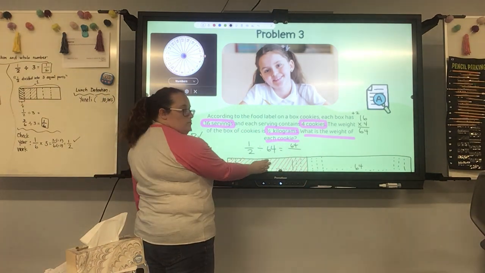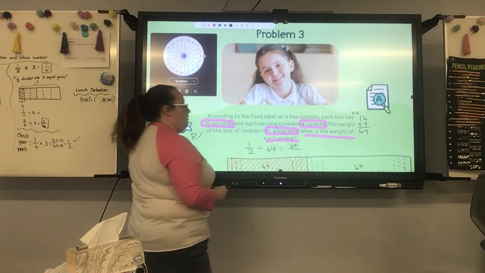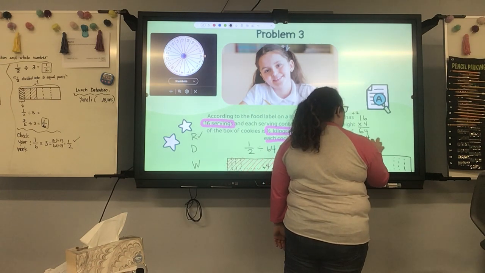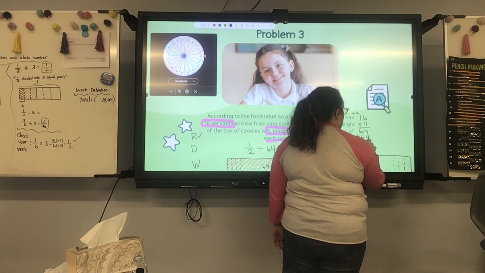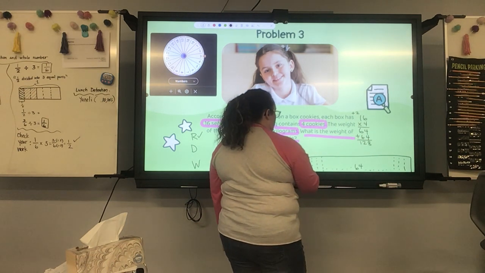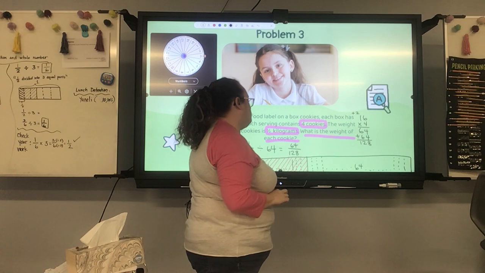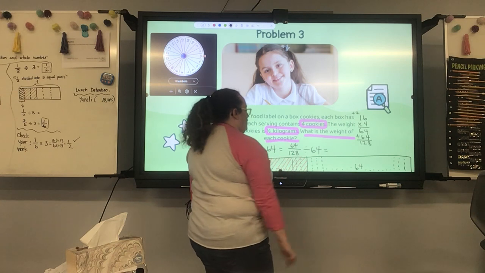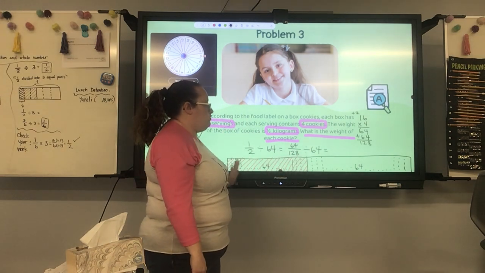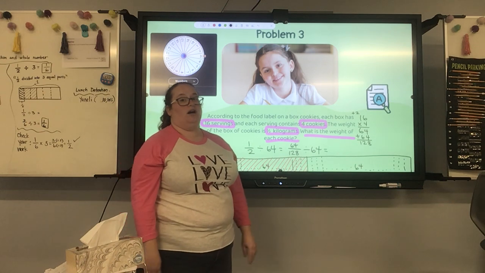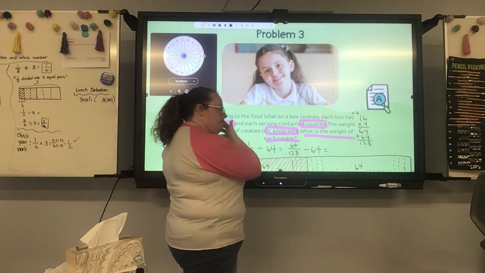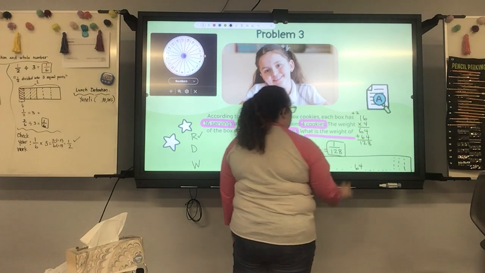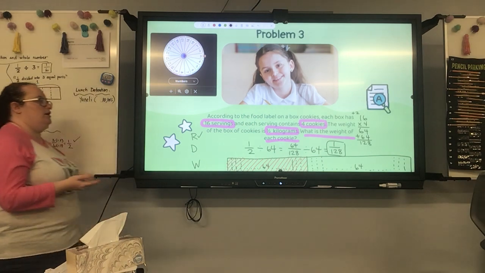Well, if there's 64 on the one with the diagonal line and 64 on the one without the diagonal line, together that means 64 plus 64, so it would be 64 over 128, and I'm going to divide that by 64. So if I take these 64 128ths and I divide them by 64, what would my answer be? 1/128. So each cookie is worth 1/128th of a kilogram.